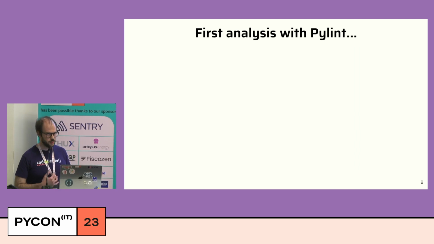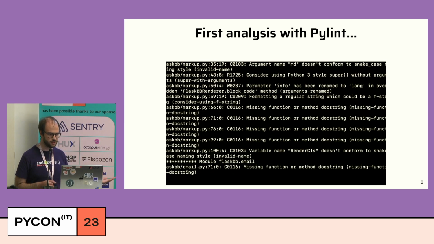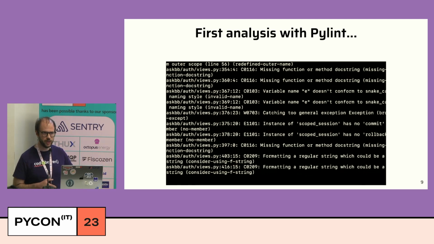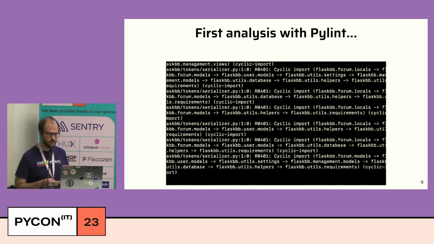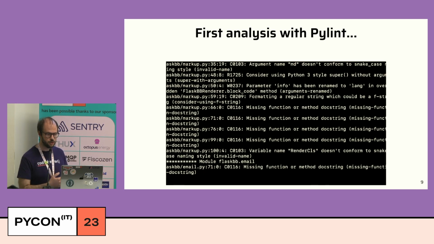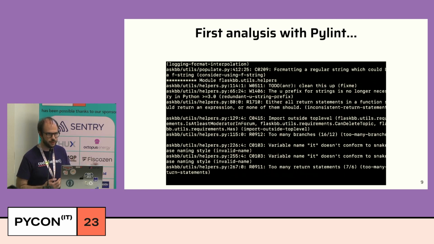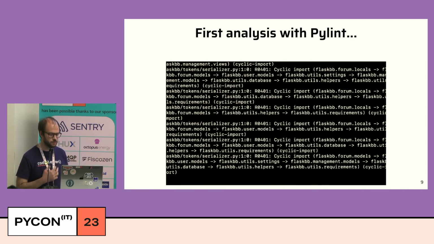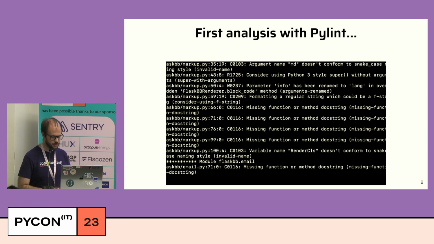So let's suppose that we put that in place in the CI. After we do the first analysis, we're going to see this. We're going to be overwhelmed by messages, and you see that even a well-maintained project like FluxBB has a lot of messages, a lot of issues to deal with that are related to maybe refactoring suggestions, to, I don't know, conventions that are not respected, and so on.